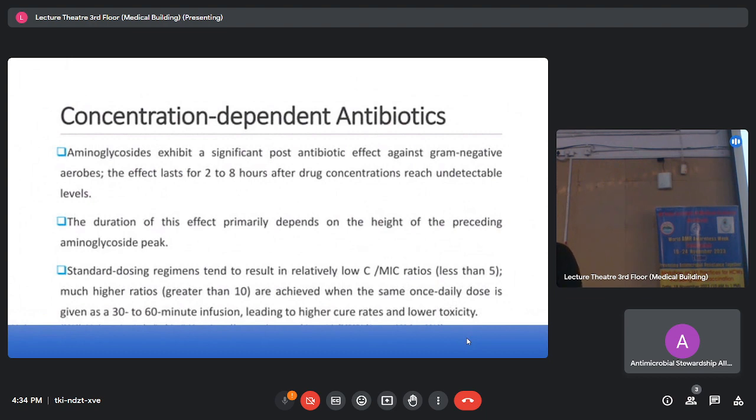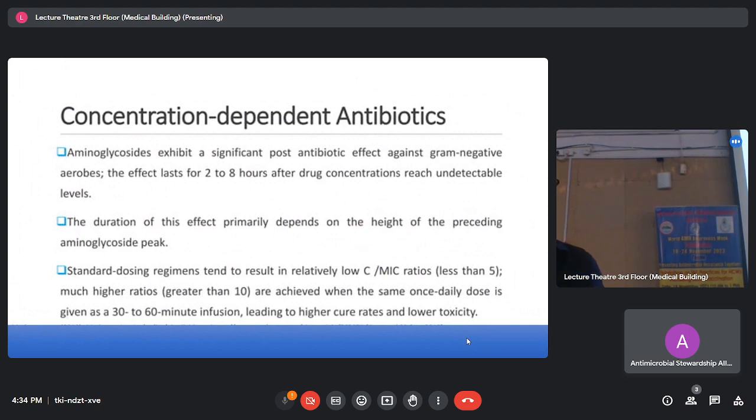So aminoglycosides have a significant post-antibiotic effect. The effect lasts for 2 to 8 hours. So frequency can be decreased, but the concentration has to be high. The duration of this effect is primarily dependent on the height of the concentration. Forget about this text.